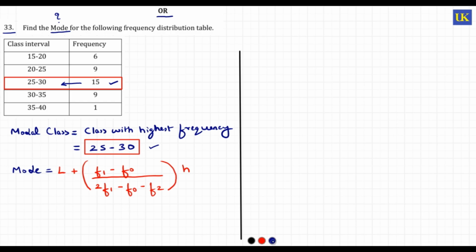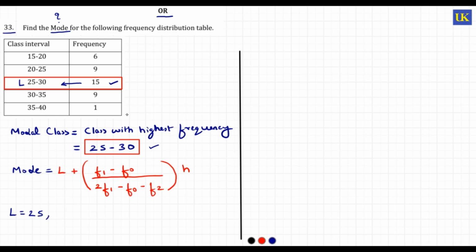Now here L is what? L is the lower limit of the selected class. So 25 is our value of lower limit L.